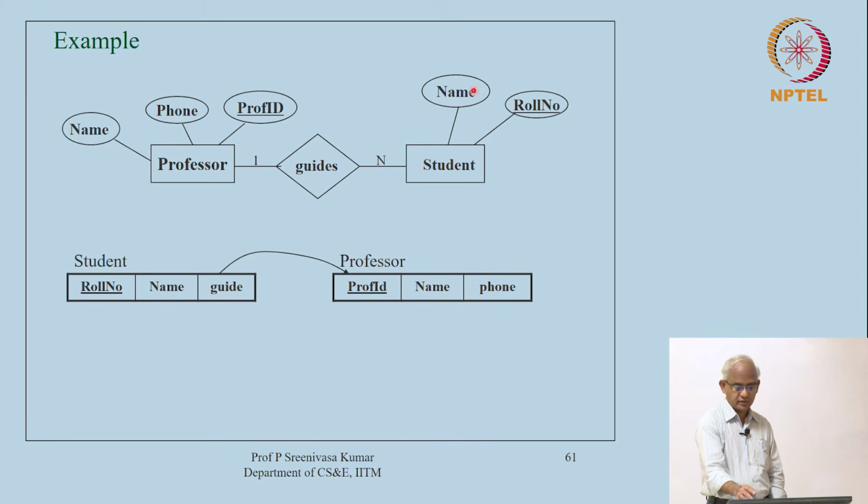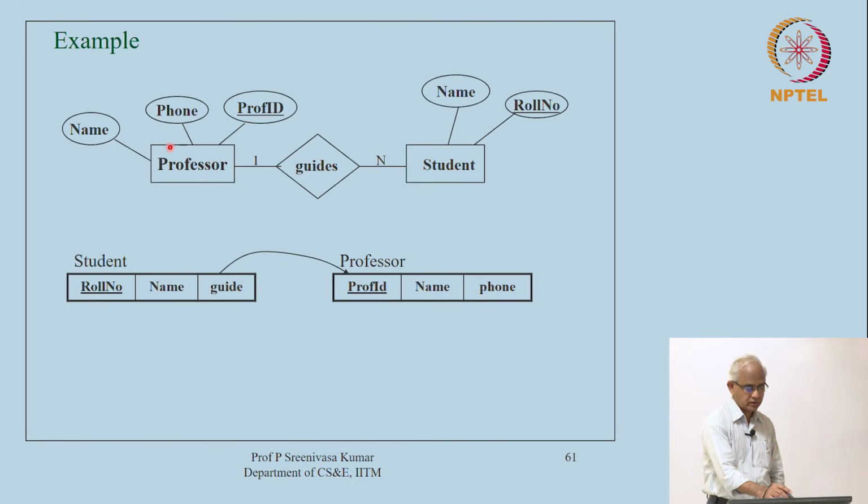I just simplified the thing; it could have several other attributes, but for illustration purposes, let us just have roll number and name. Now, this is the N side entity. So, augment this by introducing a new attribute and make that a foreign key that refers to the other relation.